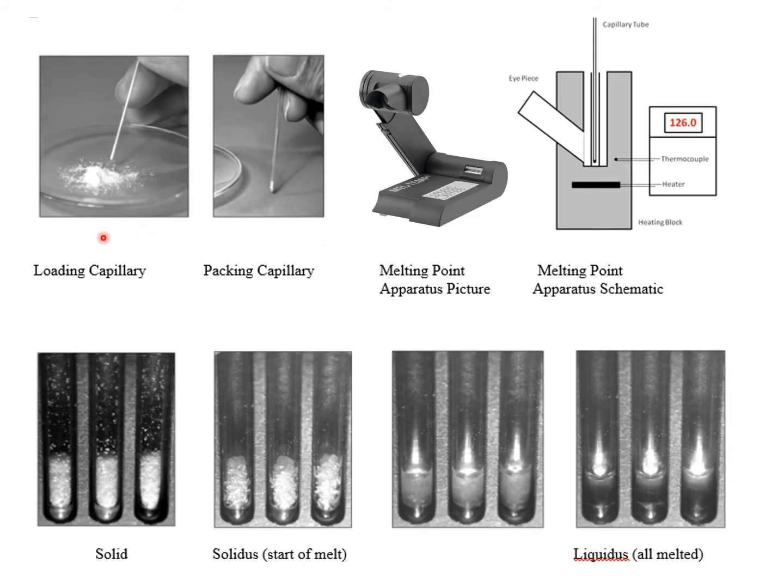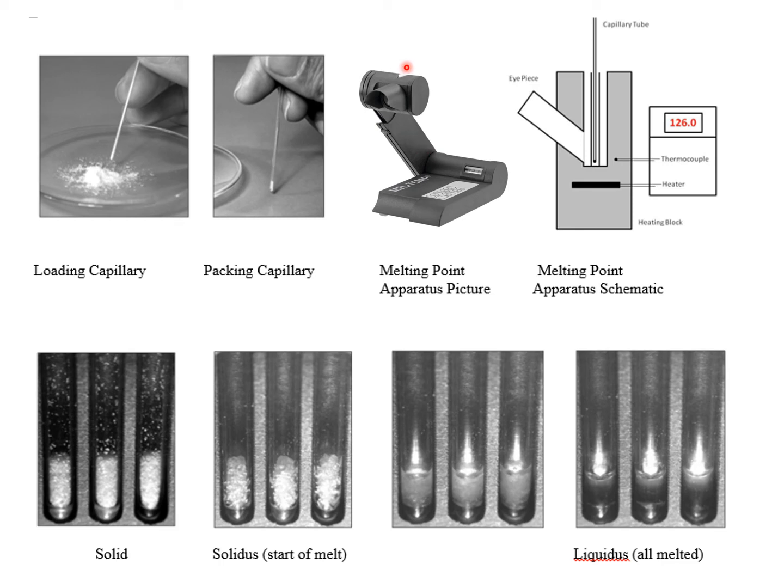Okay. So this little tube here in this hand actually is a hollow tube that is sealed on one end. I'm going to push some of the material into the open end, and then I'm going to turn the tube over and tap it so it's down at the bottom that is sealed. This is a small glass tube. I'm then going to insert it in this melting point apparatus.